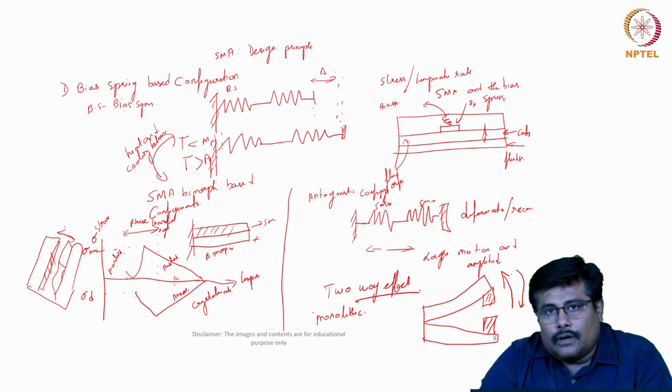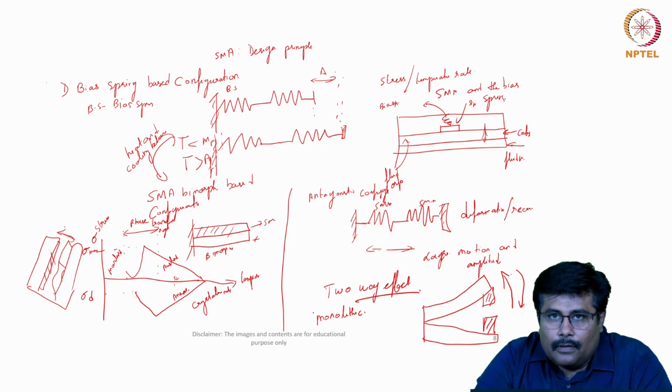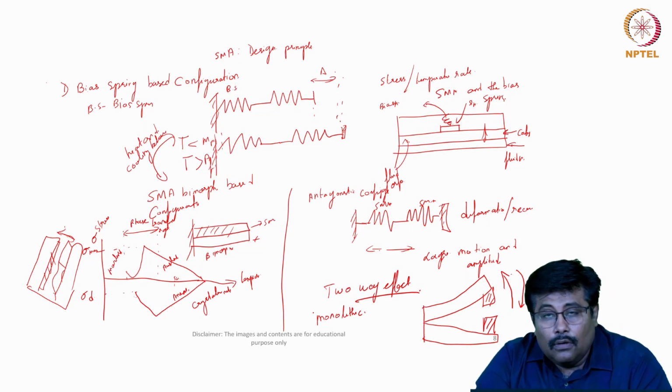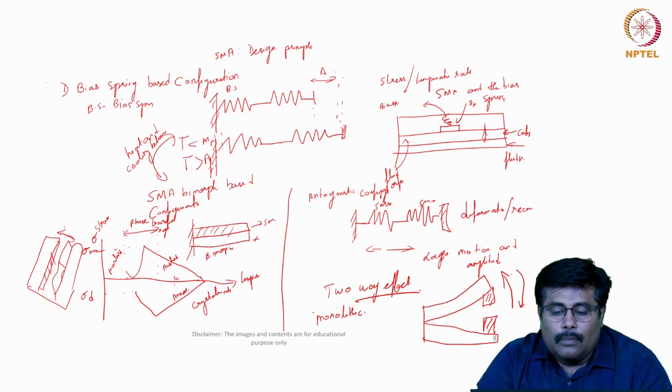So the concept of monolithic integration in SMA consists in performing the annealing step only locally rather than in the complete device volume, and using the combination of the annealed and the non-annealed zones to perform the actuation functions.